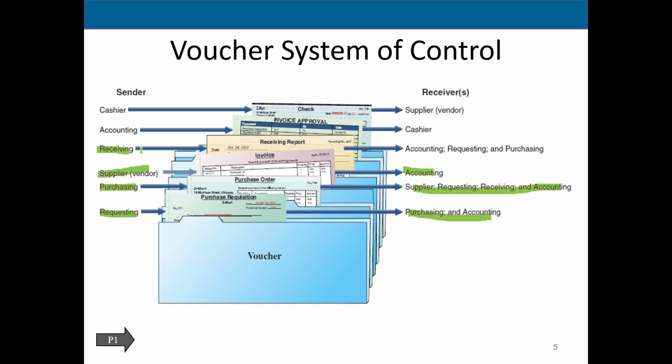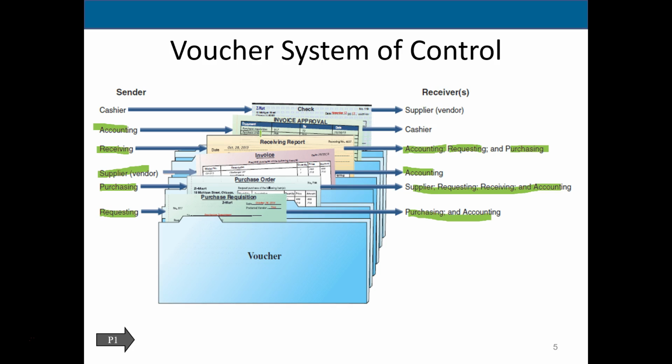The receiving department will often be in charge of counting the items and seeing what we received, have a receiving report, and the receiving report will then go to the accounting department, the requesting department, those are the people that originally requested the item, and the purchasing department, because the purchasing department are the ones that did the purchase order. And then the accounting department will have the invoice approval.